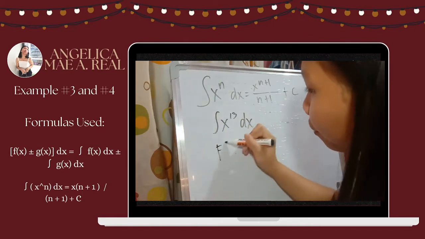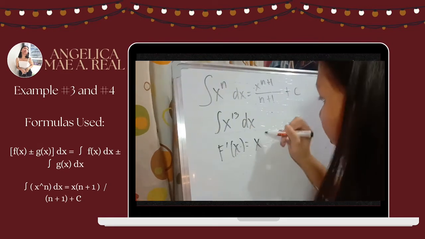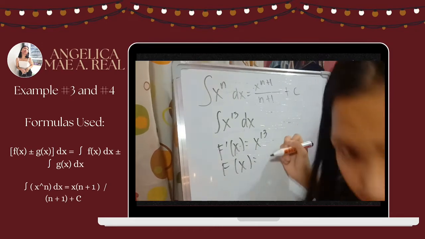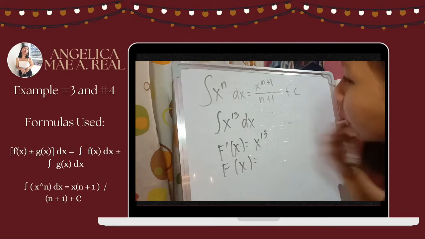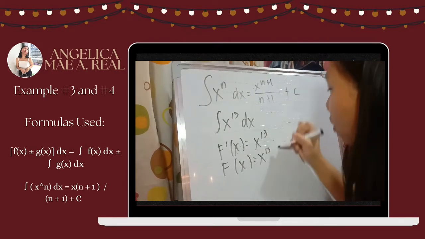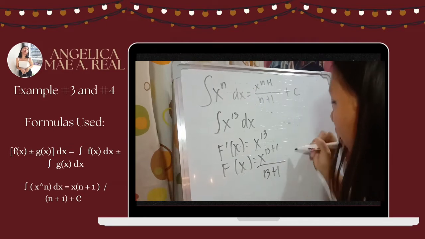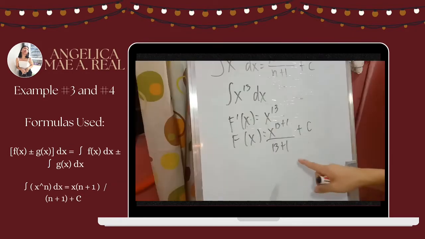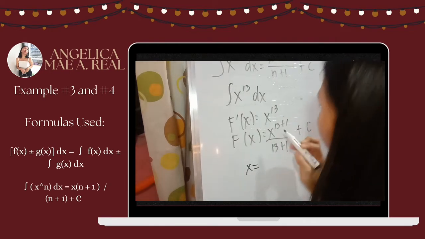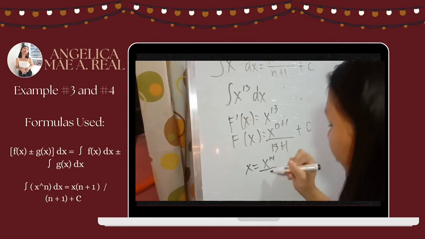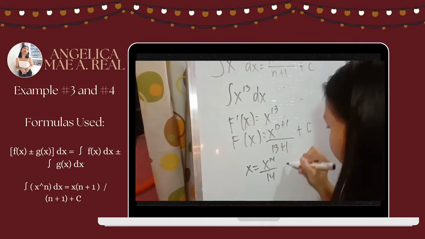Since f prime of x is x raised to 13, f of x is equal to x raised to 13 plus 1 over n plus 1, where n is equal to 13, plus c. And then we're just going to evaluate the value. 13 plus 1 is equal to 14, and then plus c.